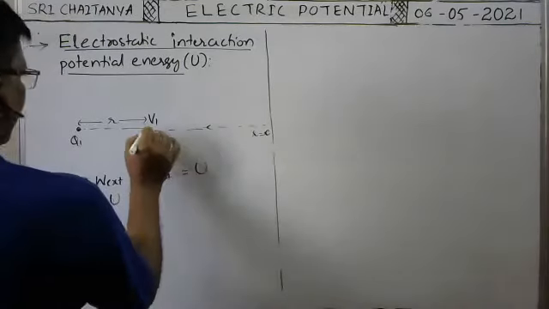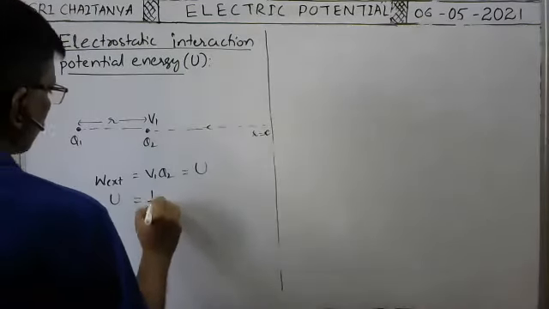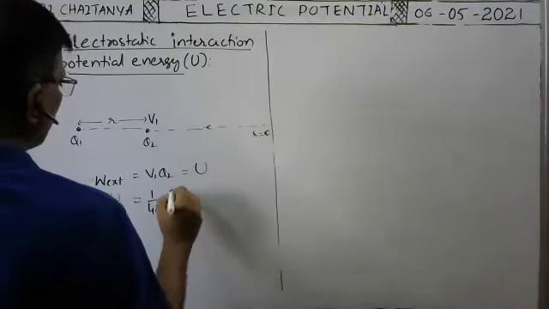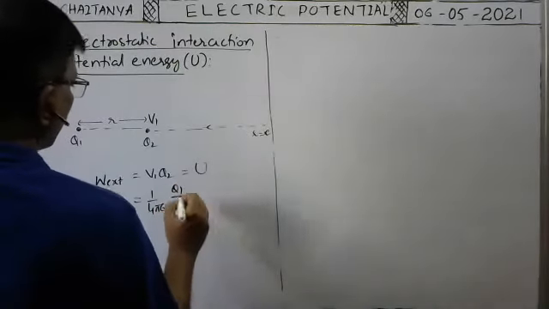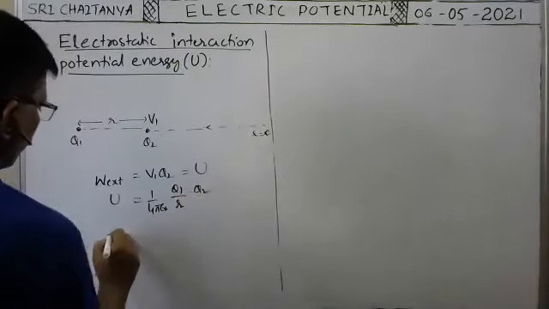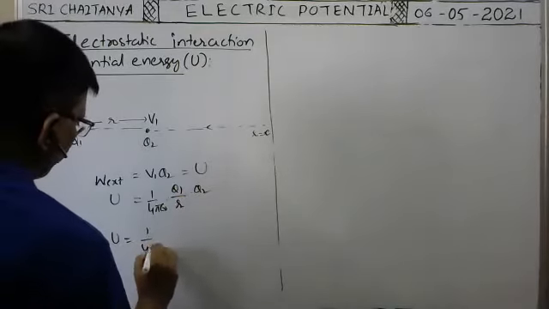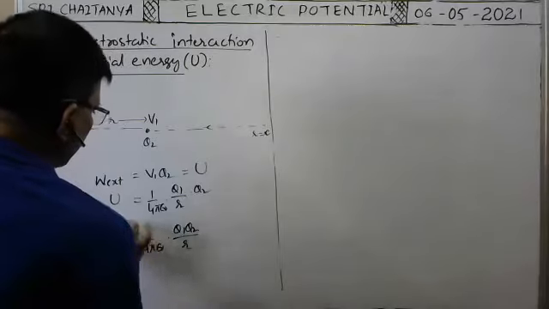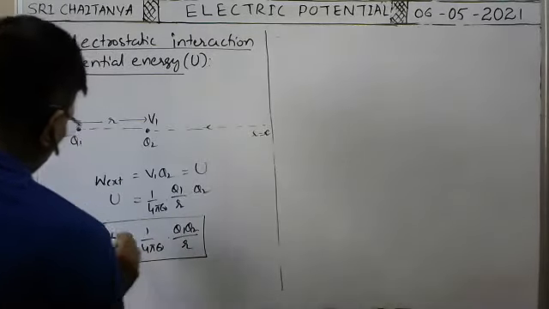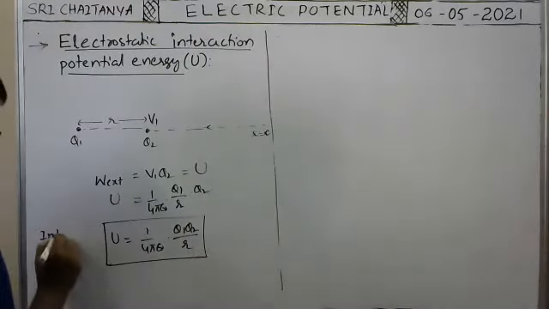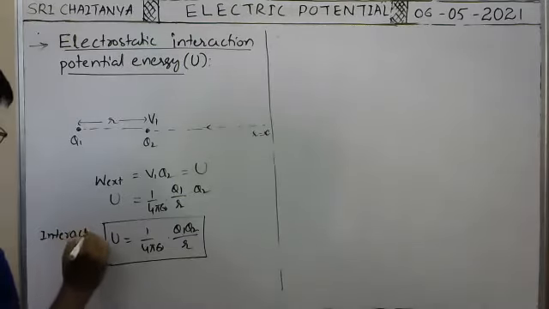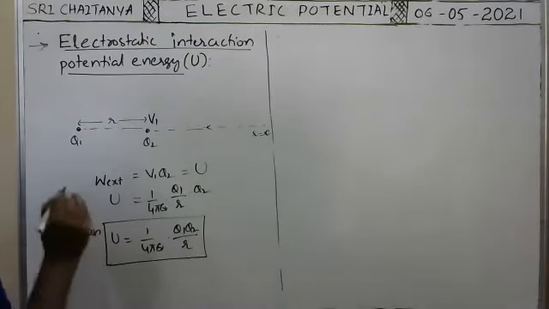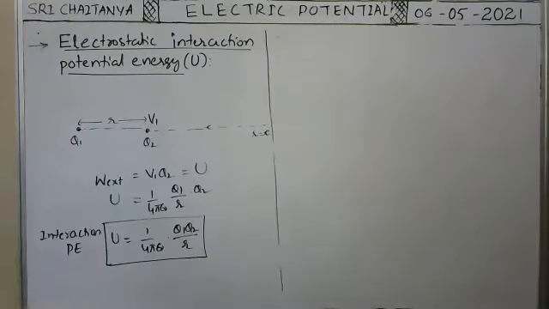V1 means at this point due to the charge, electric potential 1 by 4 pi epsilon naught into Q1 by distance R, into Q2. Therefore, U is equal to 1 by 4 pi epsilon naught into Q1 Q2 by R. This is the interaction potential energy.